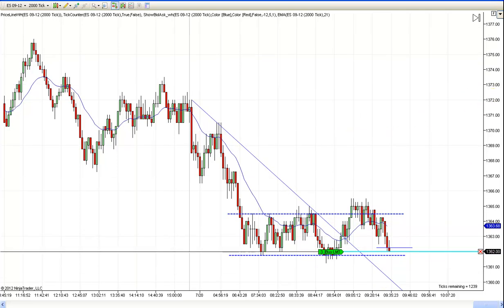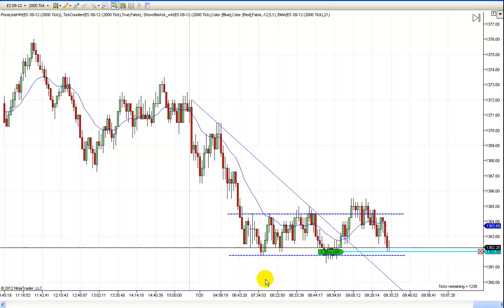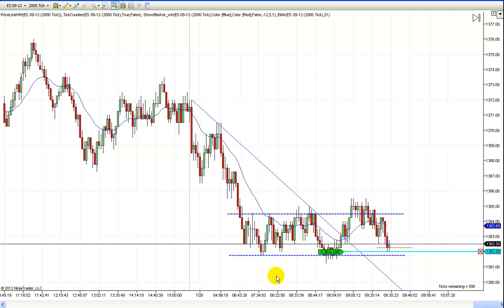Let's see what happens. We're bouncing off our order here, and I've had this order sitting there for a while, so maybe we'll get filled even if it doesn't tick through, but more than likely we're going to have to tick through that spot. And you see that it's trying to bounce already.